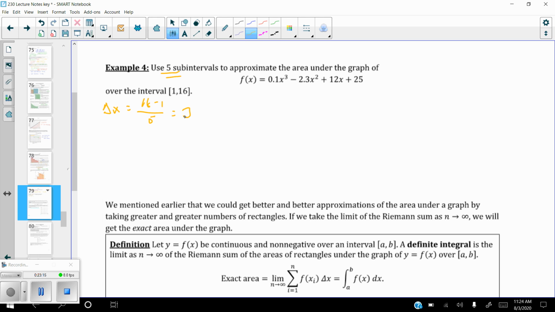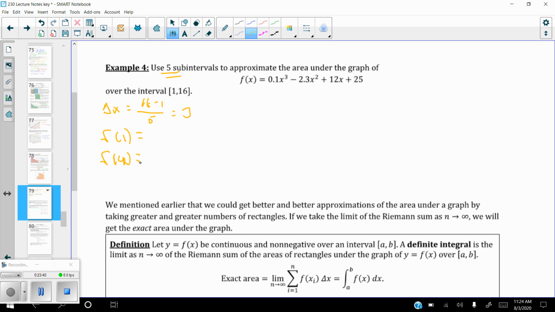Well, I'm going to have 5 subintervals, and I'm going to be starting on the left-hand side with 1. So I need to figure out what f of 1 is. We'll figure that out and plug that in in just a second. But then the next one is going to be f of, well, if I add 3 to it, because that's my delta x, it's going to be f of 4. We'll figure that out.